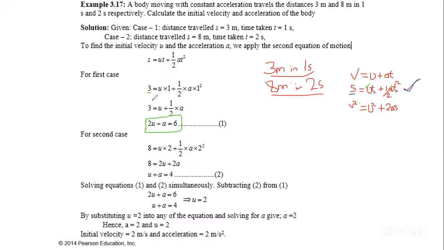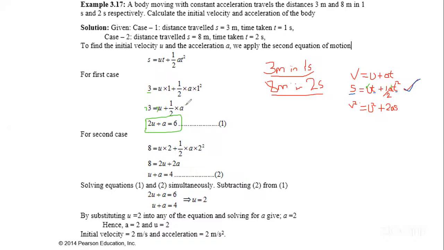All right, so let's simplify it. Here we have 3 is equal to u times 1 plus half times a times 1 squared. Of course, whatever you multiply by 1 remains the same. So we have 3 is equal to u plus half times a.